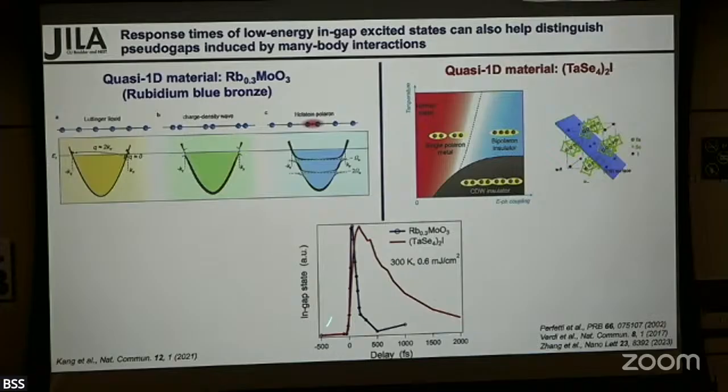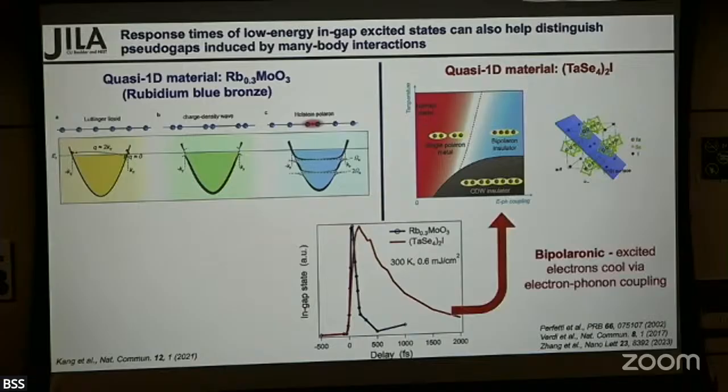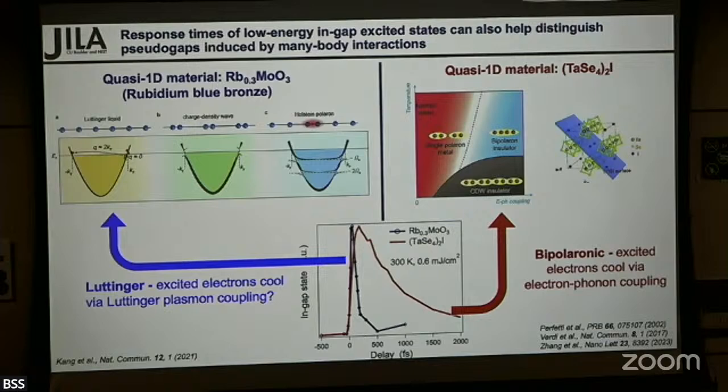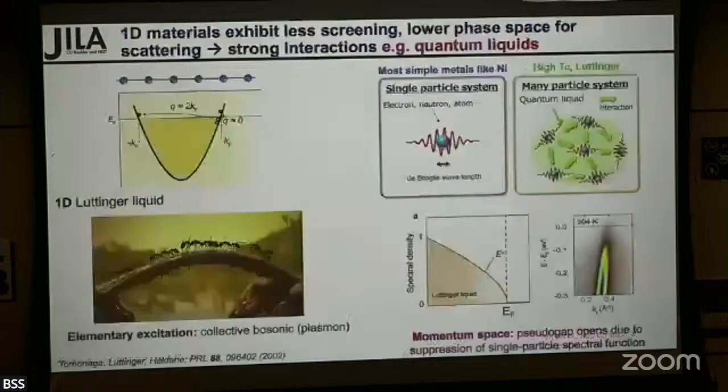But this was not definitive. We could say it responds too fast to be a polaron, but it didn't tell us, well, can you really definitively say what it is? So for that, we thought it had to be a Luttinger liquid, and then we did the experiment.